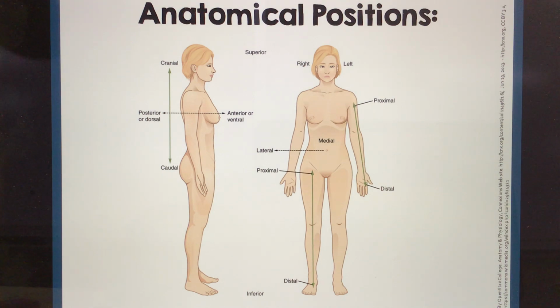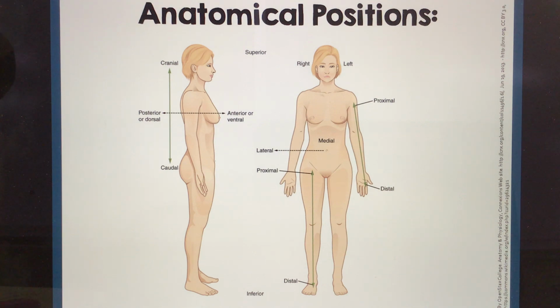The farther we get away from the origin, we call that distal. Think about the root there: dis is like a distance away. Proximal is closer to the origin of a specific area. Does that make sense for everybody? So proximal is based off of the origin of a specific area that you're referencing.